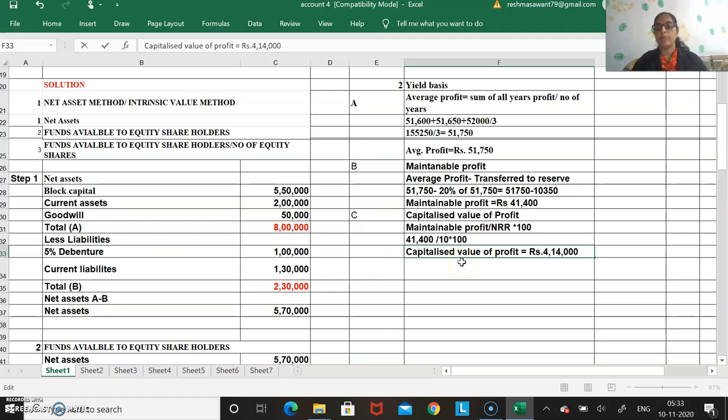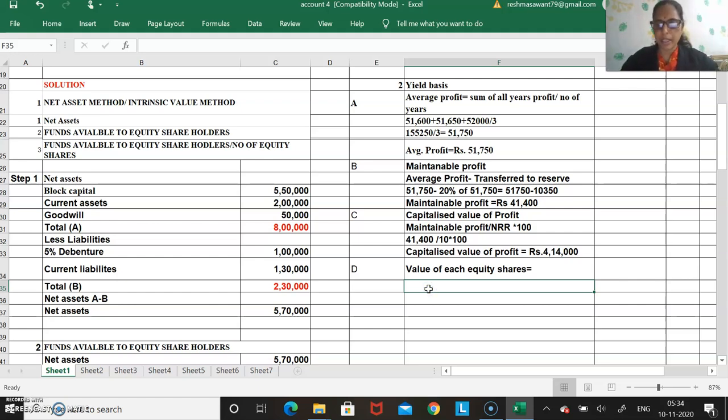Capitalized value of profit rupees 4,14,000, and the last step for the yield basis is to calculate value of each equity share as per yield basis.